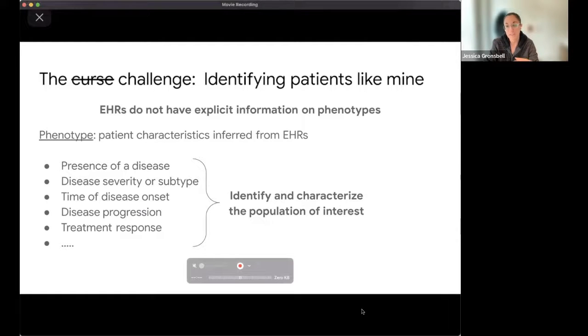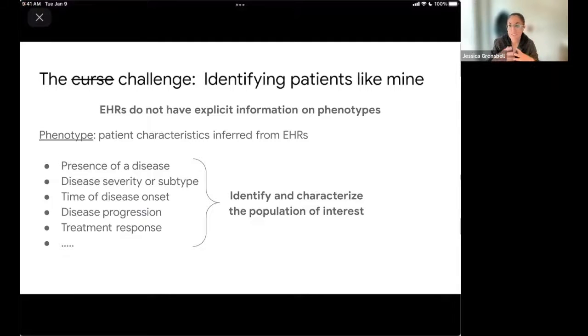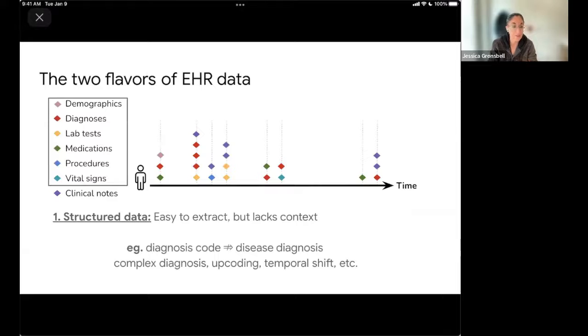How has it progressed? Did they respond to treatment? All of these identify and characterize any population, right? They're very basic concepts, but unfortunately, I can't just extract them easily from the data. I have to go to a lot of work to even figure out who are patients like mine, what are their phenotypes?